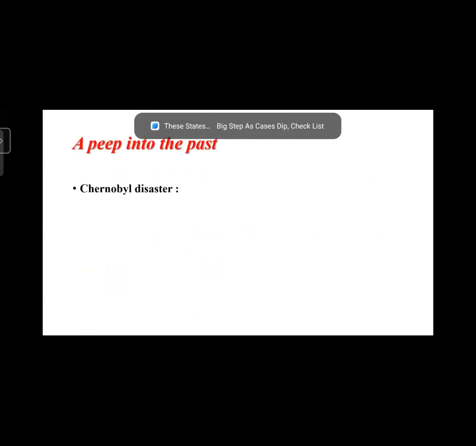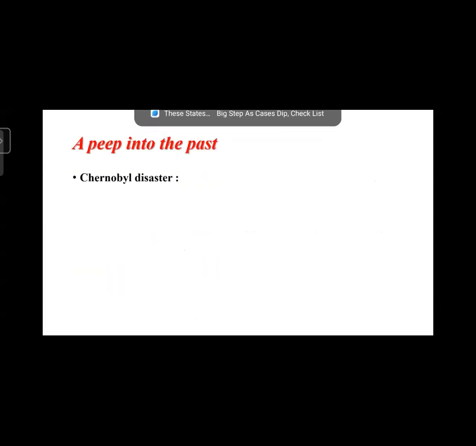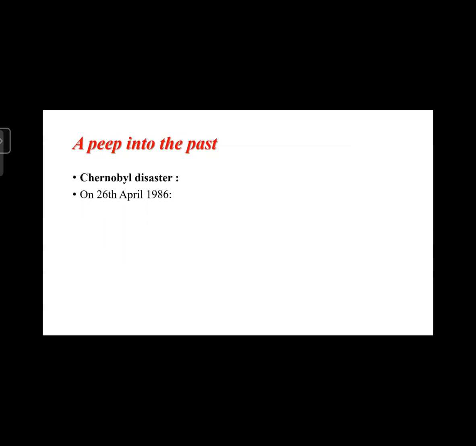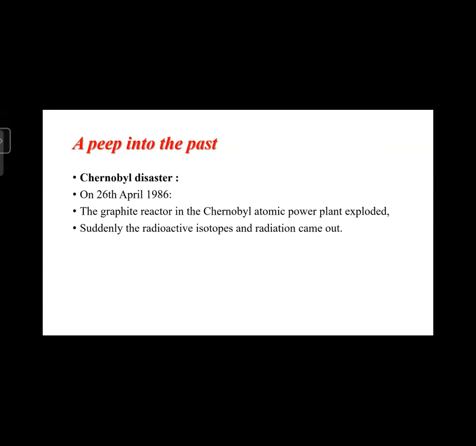Now, one of the disasters occurred at the Chernobyl factory on 26 April 1986. The graphite reactor in the Chernobyl atomic power plant exploded and suddenly the radioactive isotopes and radiation came out.